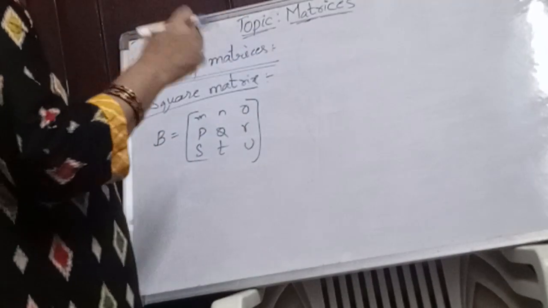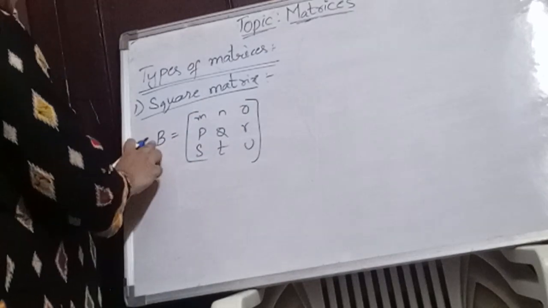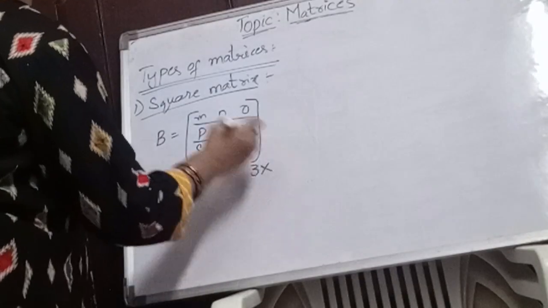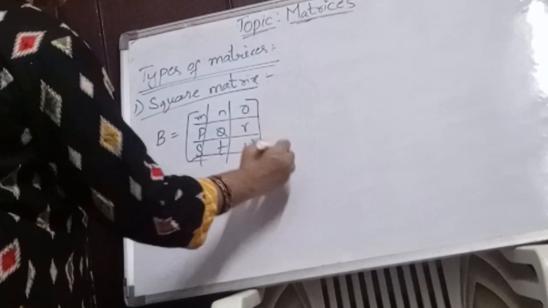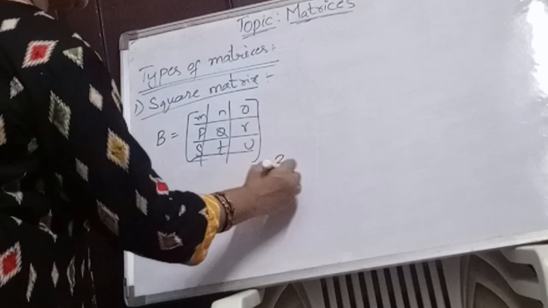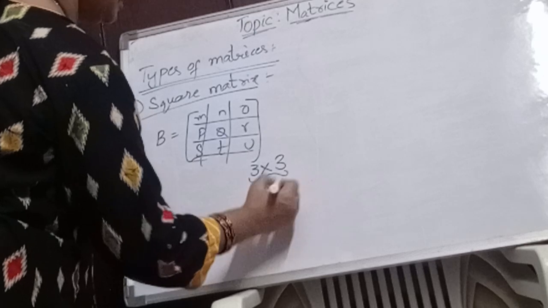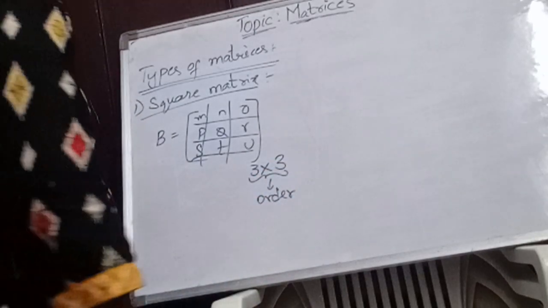So B is a matrix with how many rows? 1, 2, 3 rows, and 1, 2, 3 columns. What we call this is the order of the matrix. Don't forget it. Order of matrix.